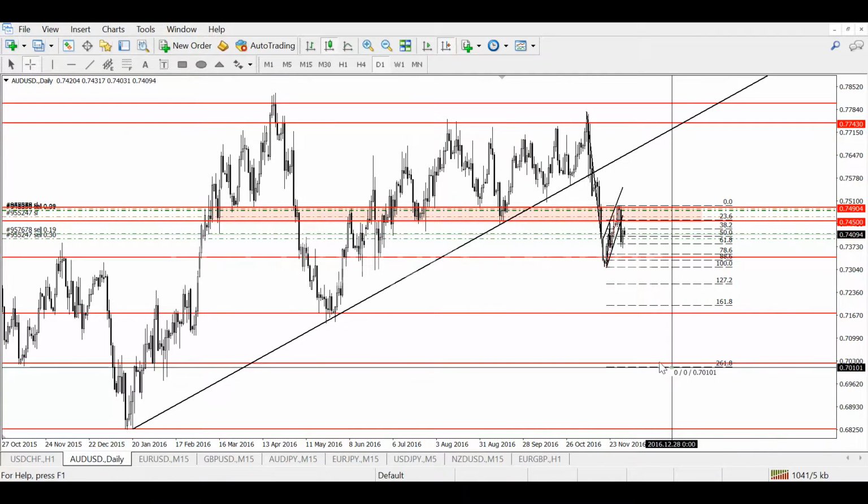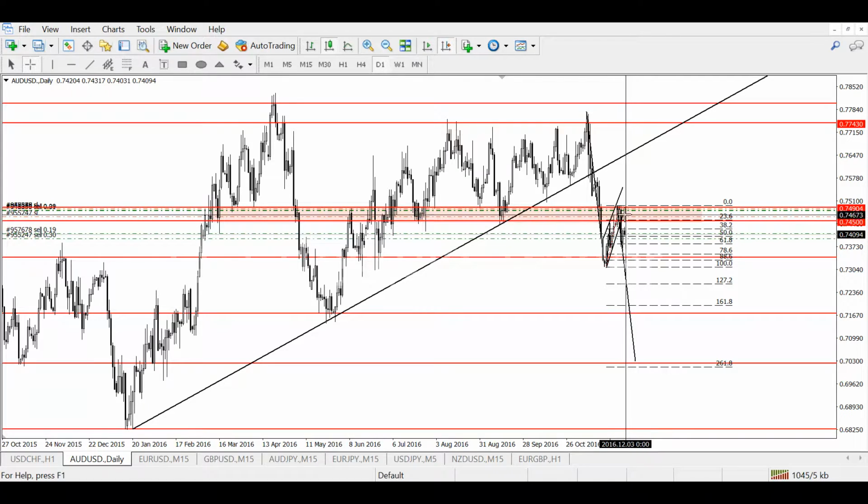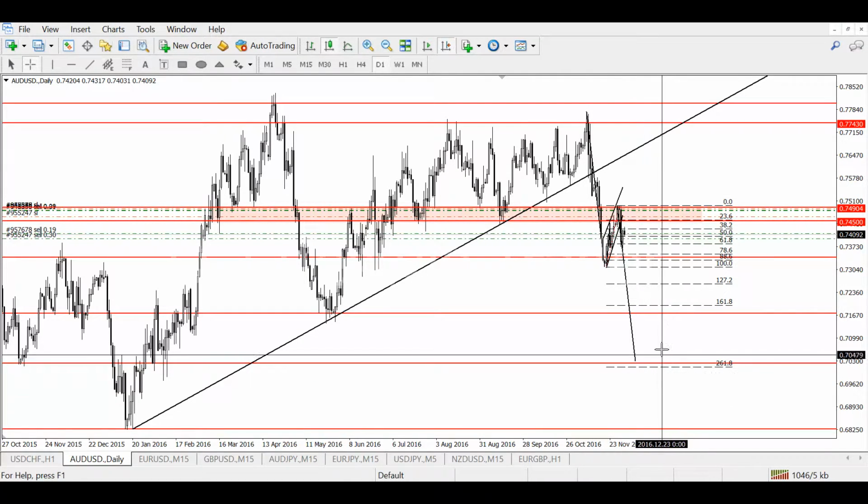So that is the final level I'm looking at. And of course, if we measure the whole wave of depreciation, the first wave right here, before the major retracement, and we put it here again, it exactly finishes right at 261.8%.